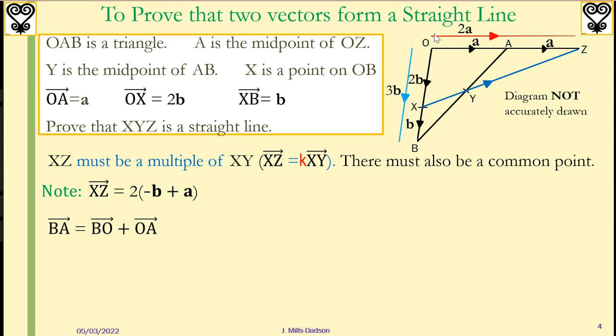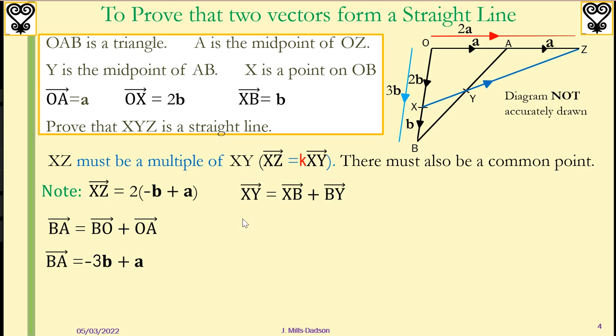And vector BO, we are going against the vector 3B, so it has to be negative. So you have negative 3B, then plus the vector A. Since Y is the midpoint of BA, we can work out BY as half of BA.